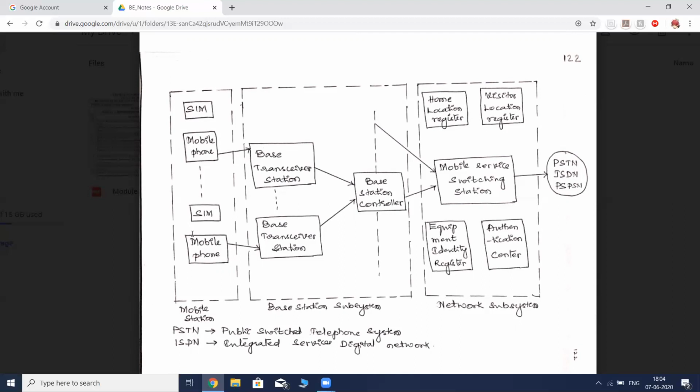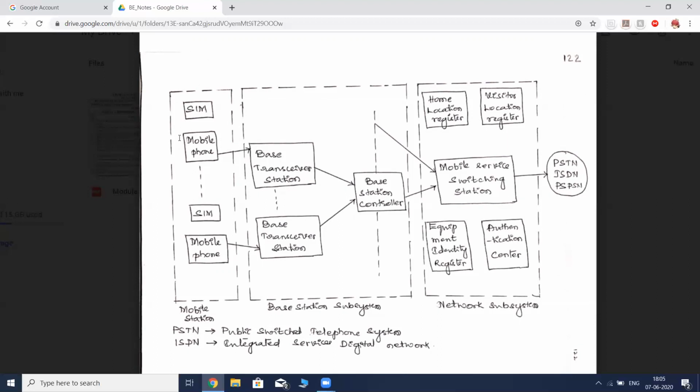When you want to make a call, you need to get connected to the base station subsystem. The base station subsystem consists of base transceiver stations. A big geographical area is divided into smaller cells, and every cell will have a base transceiver station.